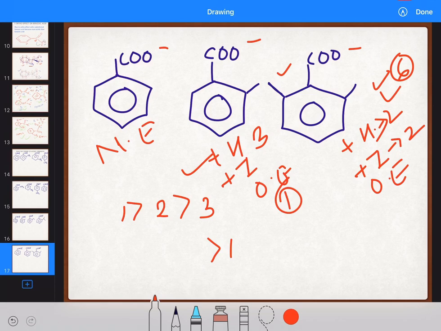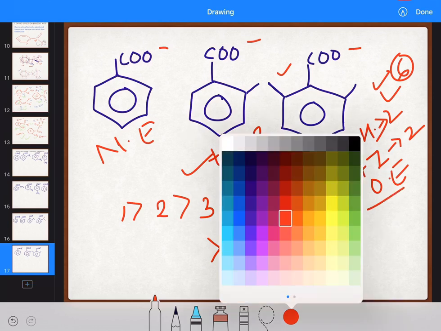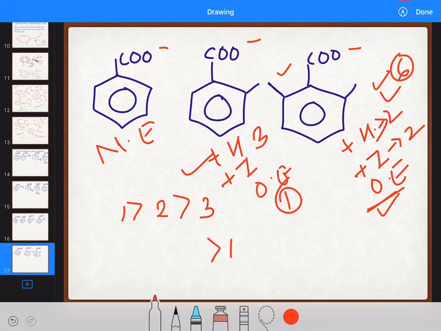Now see, in the third one there are two ortho effects, which will increase acidic strength more than the second. Correct? The extent of ortho effect is higher in the third one as compared to the second one. So it will increase stability more than the second one. Correct? Then it will be third, then second. Then what will be the order of stability? 3, 2, 1, and that will be the order of acidic strength. Correct?